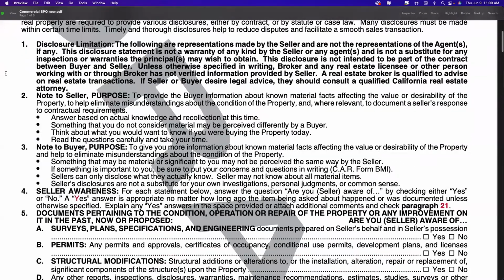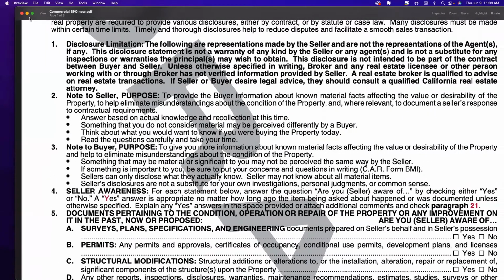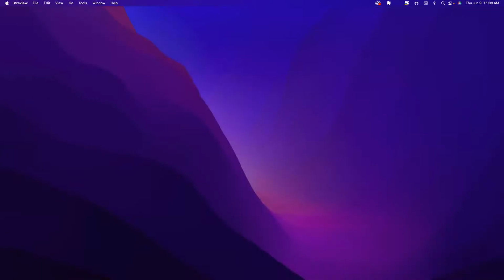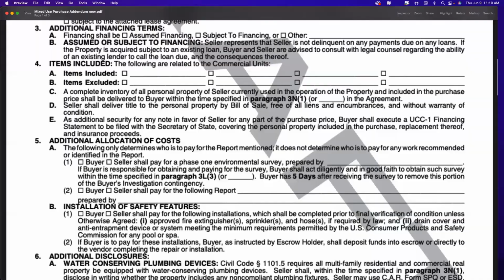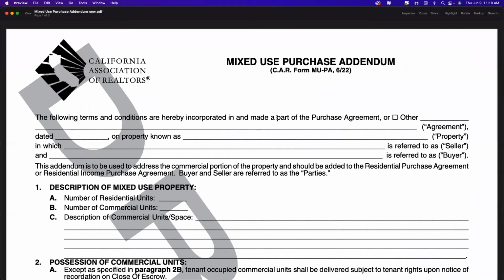Okay, so let's move on to the next brand new form, and this one in our office, and probably for most residential real estate agents, is going to be the most common new form that you're going to add to transactions, and that is the mixed use purchase addendum.